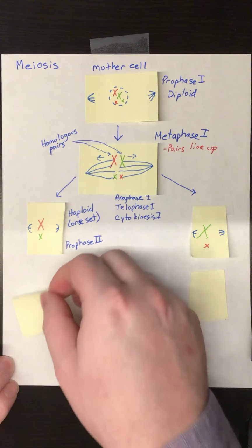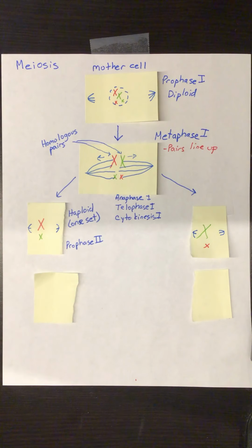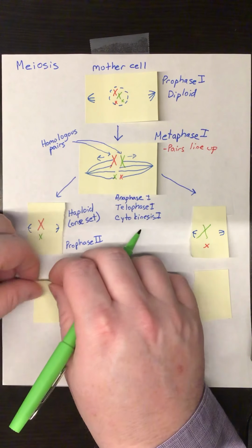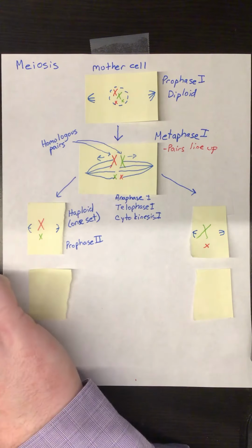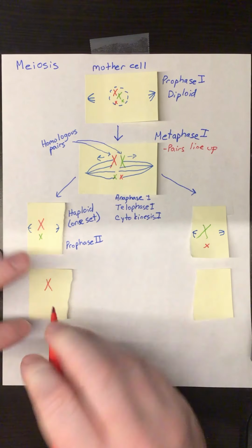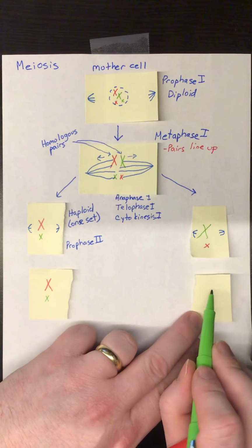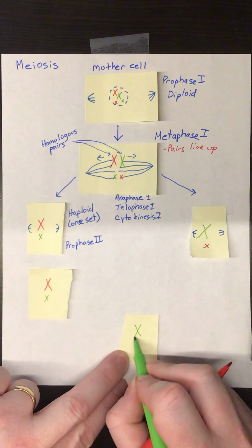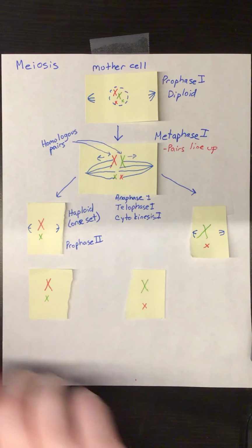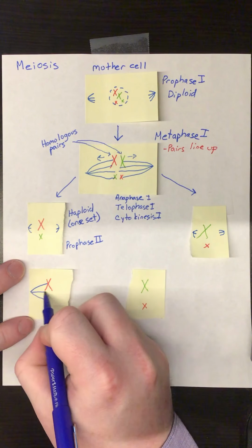And I'm going to draw it like this. Here we go. And what's going to happen is this mitotic spindle is going to organize that DNA along the middle of the cell. So we've got our big chromosome 1 and little chromosome 2. Our big chromosome 1 and little chromosome 2. With the mitotic spindle.